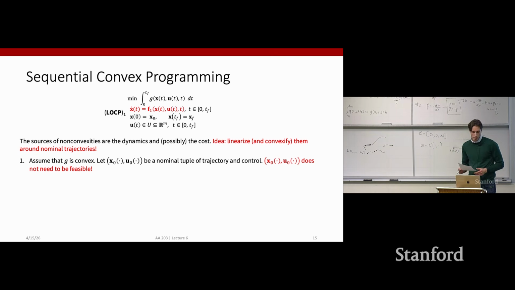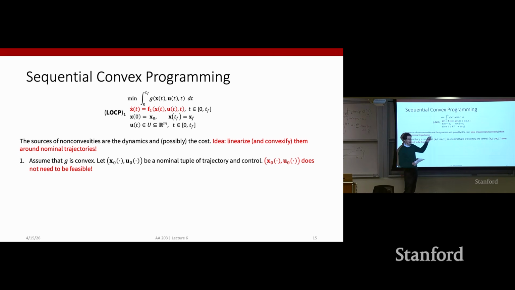Okay, and so the general idea is, assume that G, the cost, is convex for now, and let x0, u0 be a nominal trajectory for our states and controls. In these slides, the indices represent iteration steps, where remember this is an iterative algorithm. So here 0 would be the initial guess at iteration 0, which will lead to a surrogate problem, which we will solve to get a nominal guess at iteration 1 and keep iterating over that.